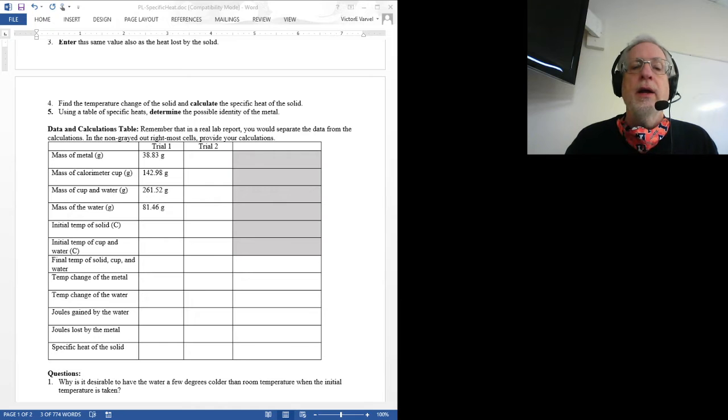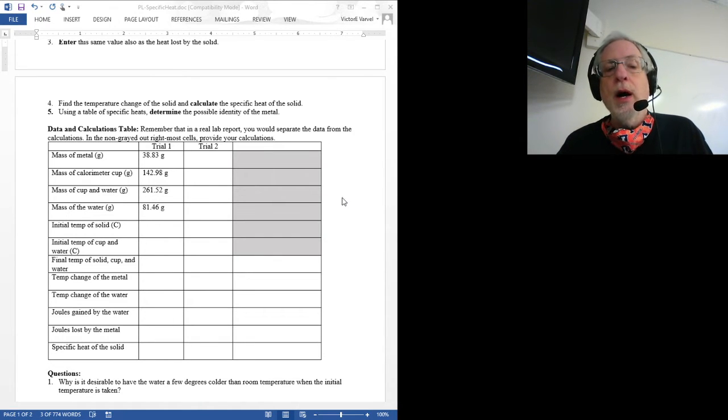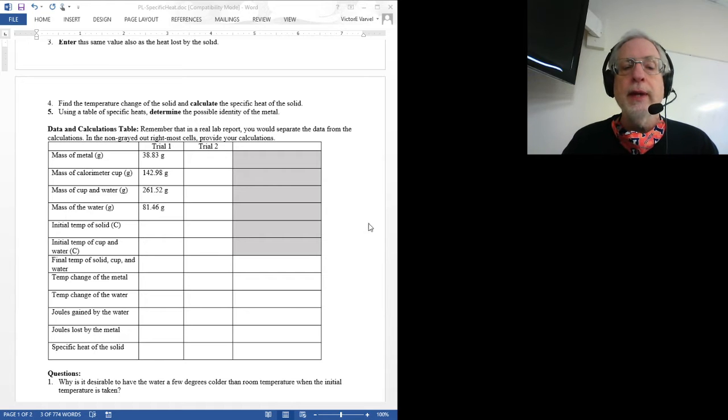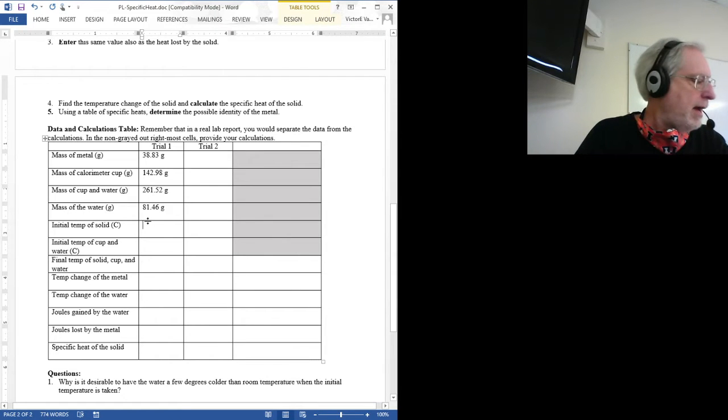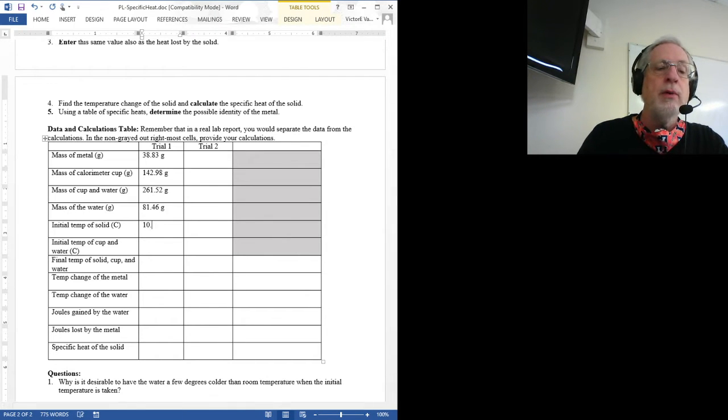Okay. So we now have an initial temperature of the solid, an initial temperature of the cup and water, and a final temperature. From those, we can calculate the changes in temperature. Since I went ahead and gave you these values, you don't have to use 10.6. You can use a different temperature if you thought it was a little bit different, and you're going to see that it's going to be fine.